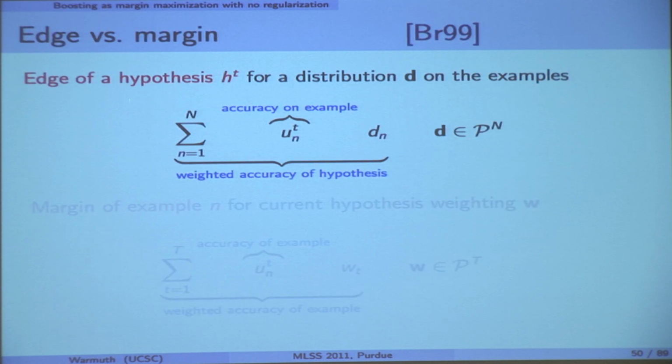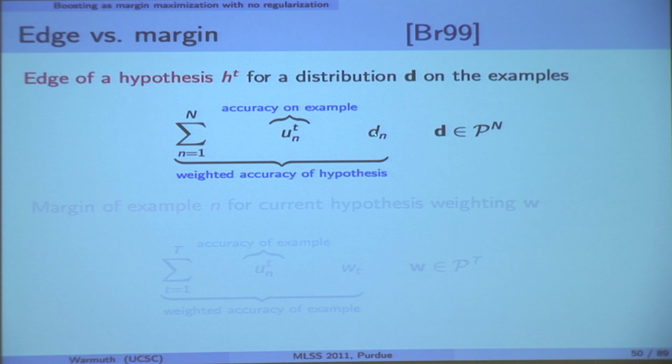OK, good. So now I have to go back to the boosting slides, and I'll explain to you the work up to the objective. Do you remember this was the accuracy of the t-th hypothesis on the n-th example? It was +1 if the t-th hypothesis interpreted the n-th example correctly, and -1 if incorrectly.